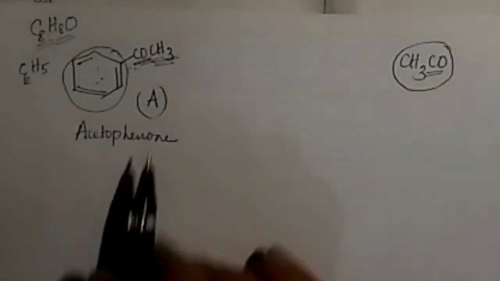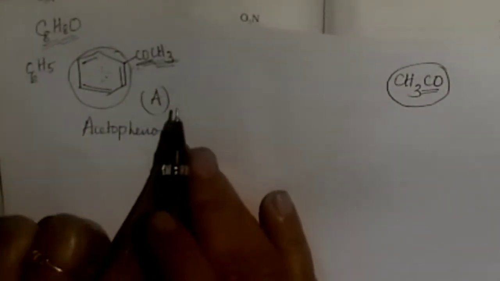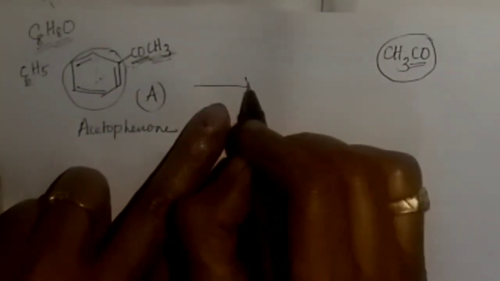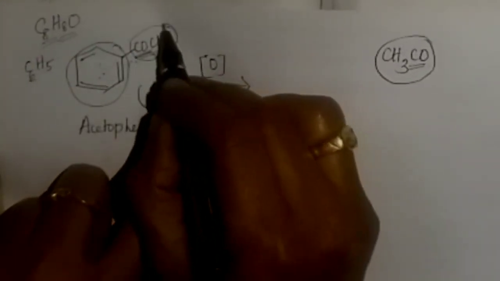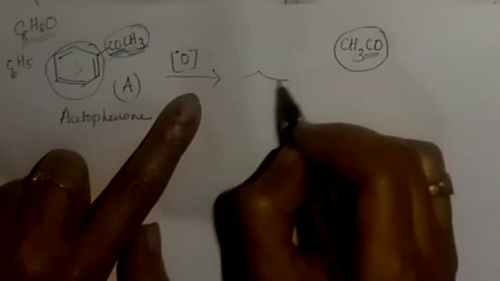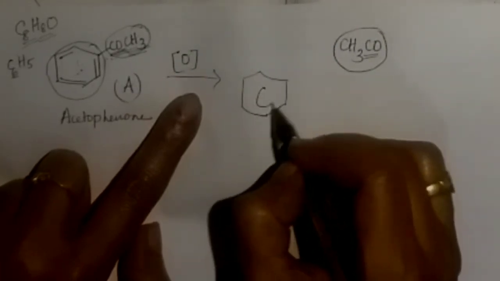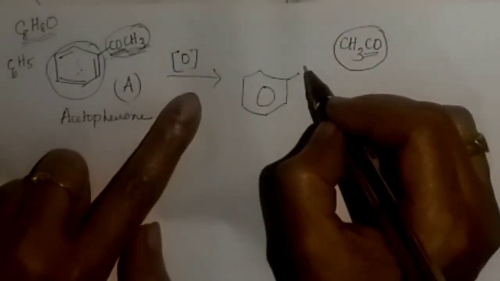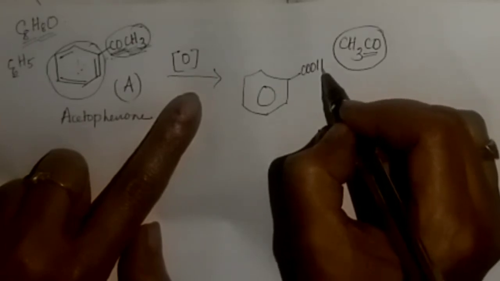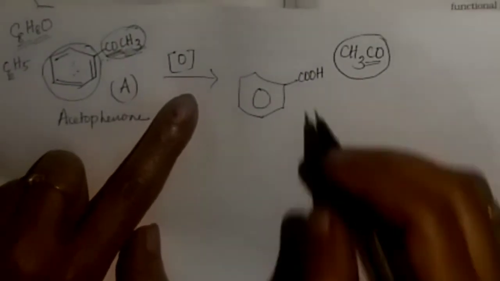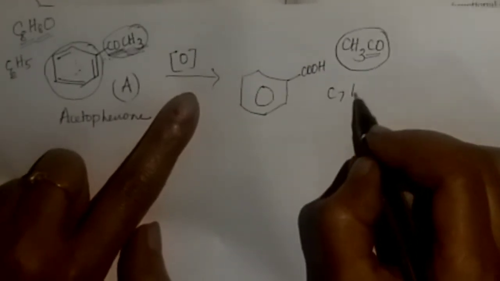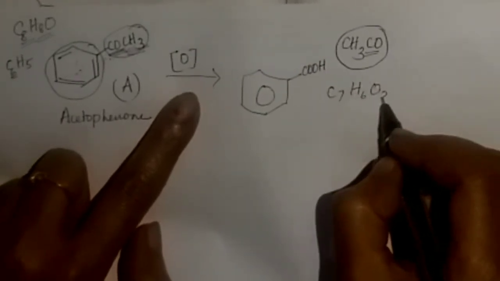This is acetophenone. This A on strong oxidation gives a carboxylic acid. On strong oxidation, the COCH3 group is converted into a carboxylic acid, COOH, having molecular formula C7H6O2.